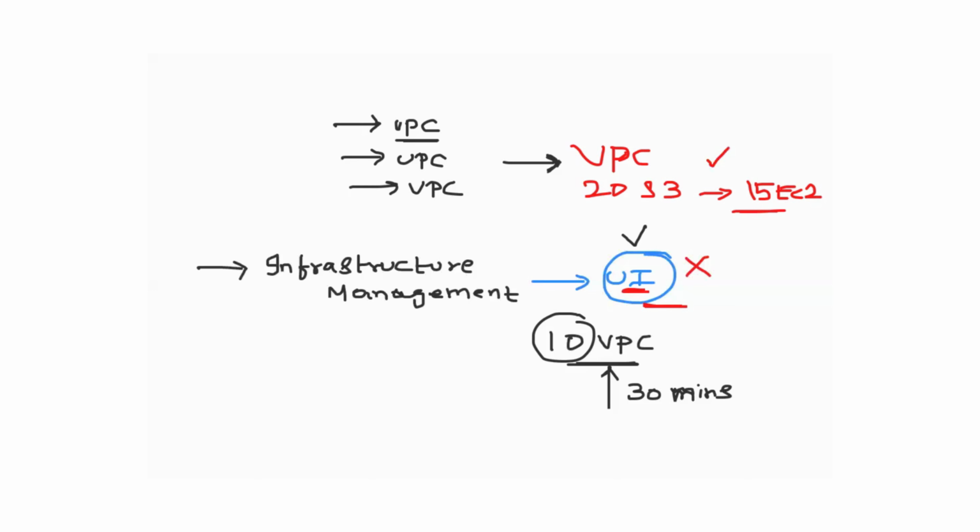To solve this problem, and it's not just a problem of AWS, right, this is a problem of any application tool. You can consider Jenkins or any tool. This problem is common. If you are just using the UI of these tools, then automation will not be that easy because UI is not that automation friendly. So to solve this problem, what applications like AWS generally do is they come up with their own APIs.